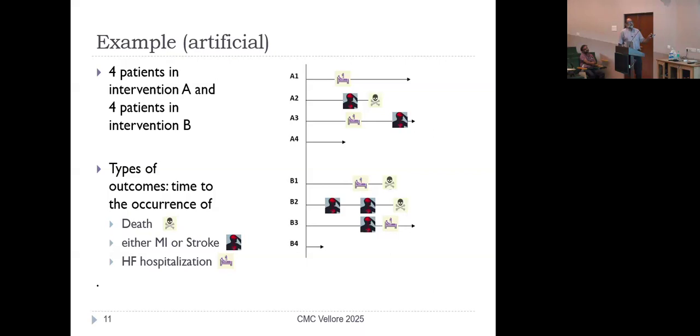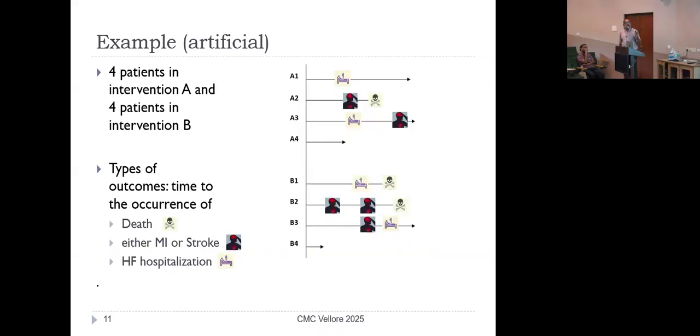So there was one event here, and it occurred fairly early, but there are 3 people that did not. Here I had 2 events. They occurred fairly late, but there's 2 events here versus 1 event here, but these occurred later than that one. So time to event may show that what? This one is worse than that because I'm looking at that.